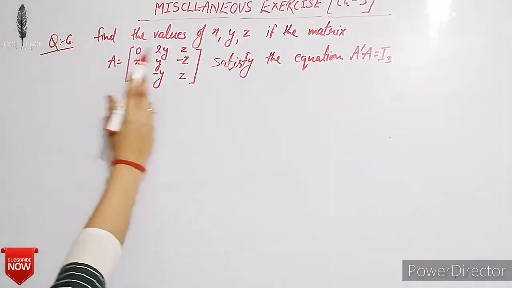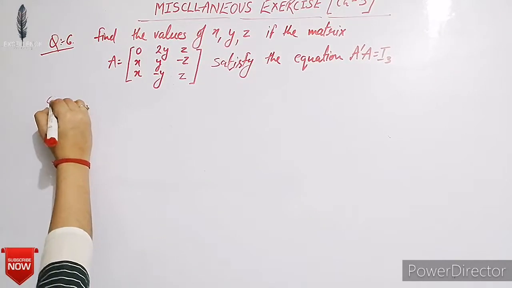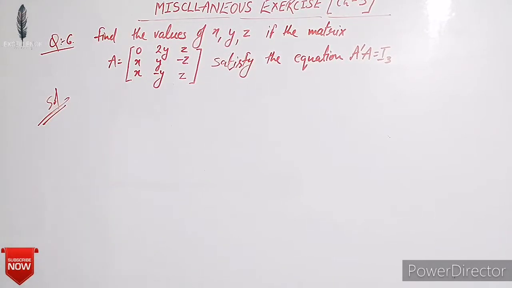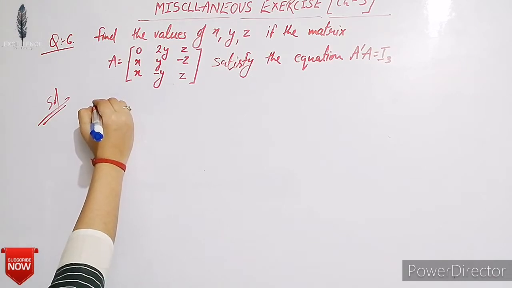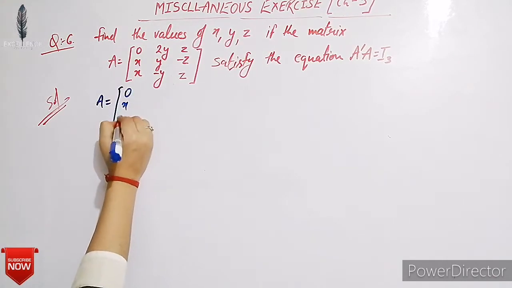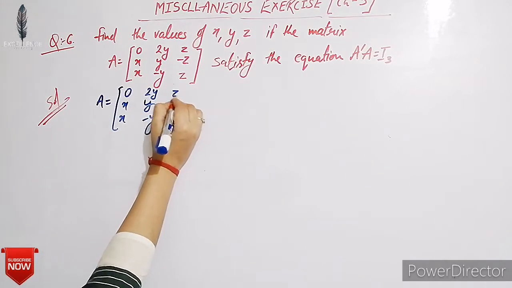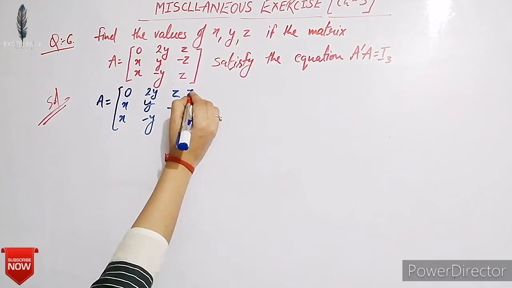Question number 6. Find the values of x, y, z if the given matrix satisfies the equation A'A equals I. Here A is given as [0 2y z; x y -z; x -y z].